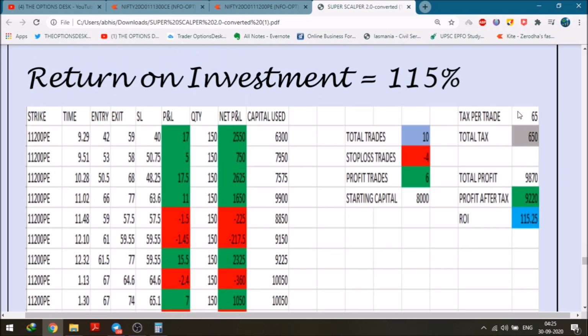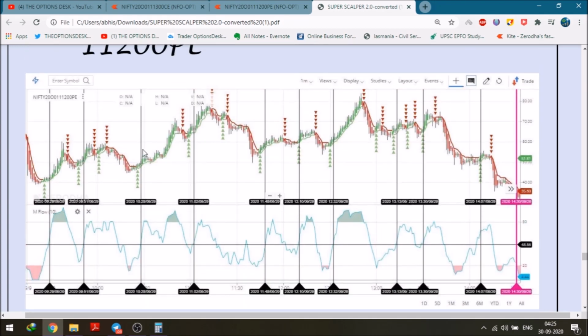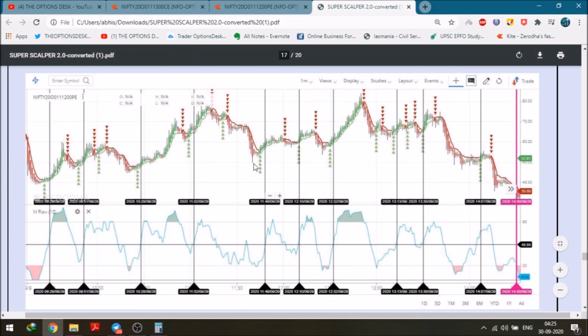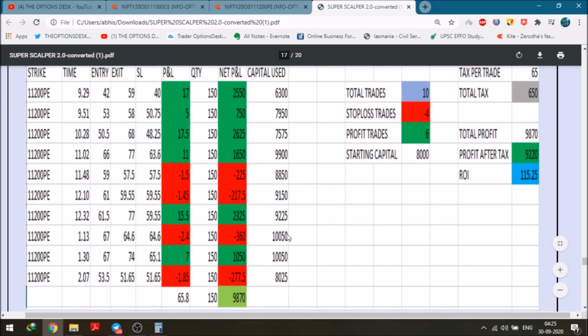Tax per trade was 65, total trades were 10, stop loss trades were 4, profit trades were 6, starting capital was 8,000. Even if I am focusing on only one of the series, like 11,200 put, 11,300 put, and I'm trading with 150 quantity, see, the price has increased, the capital has increased here only. Why? Because I've been earning good profit. You cannot say, Abhishek, how could you use the 10,000 capital here?